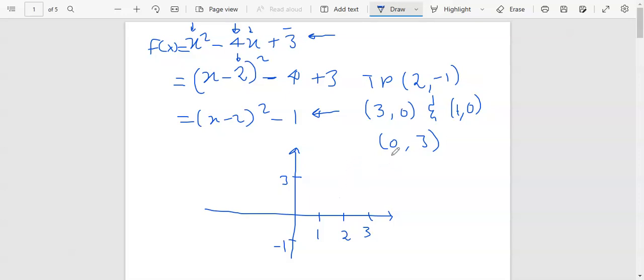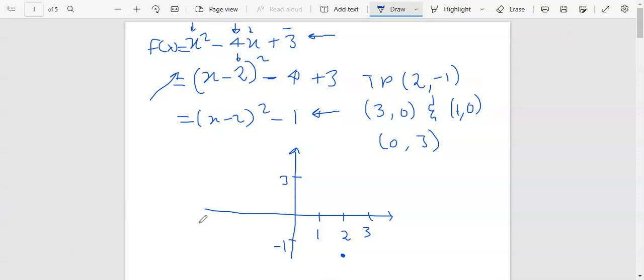The turning point, you've seen that it is at 2 comma negative 1. So the turning point is here, somewhere there. Actually, every time you see that the number in front of x squared is positive, just know that the function is going to have a minimum. And then the graph has got x-intercepts at 3 and at 1.